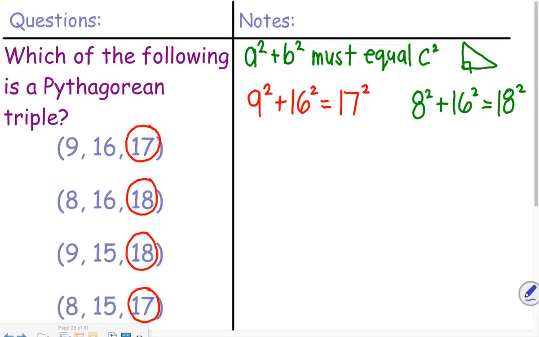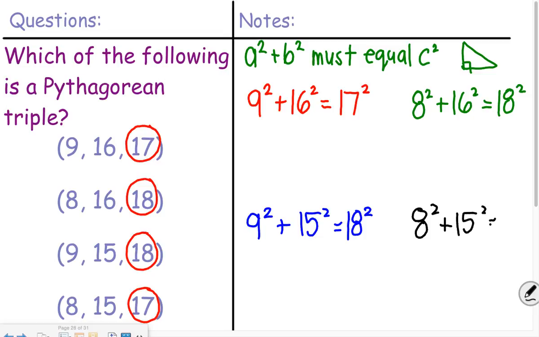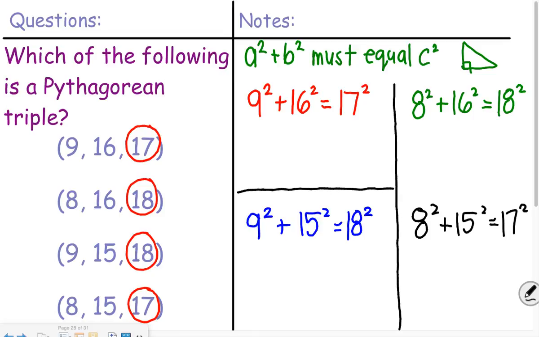My third one, I'll do 9 squared plus 15 squared equals 18 squared. And the last one will be 8 squared plus 15 squared equals 17 squared. And then I'm just going to do this to separate the 4 of them.